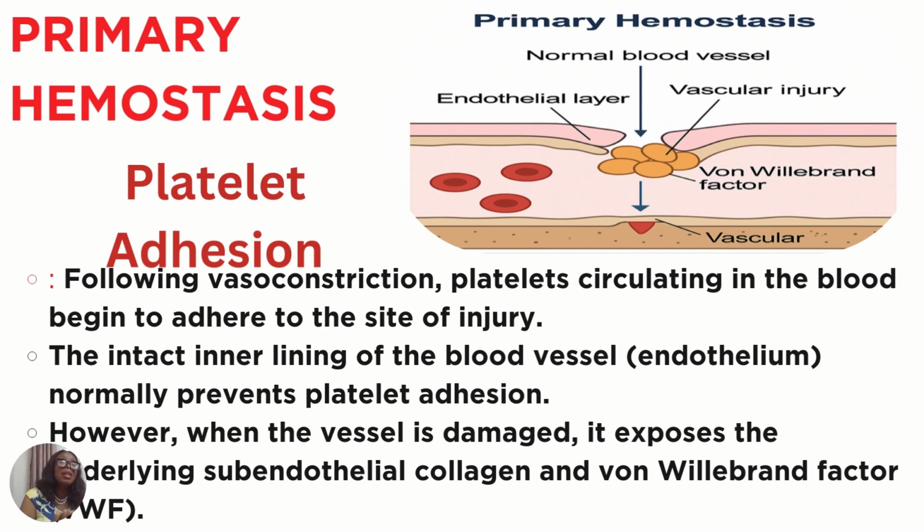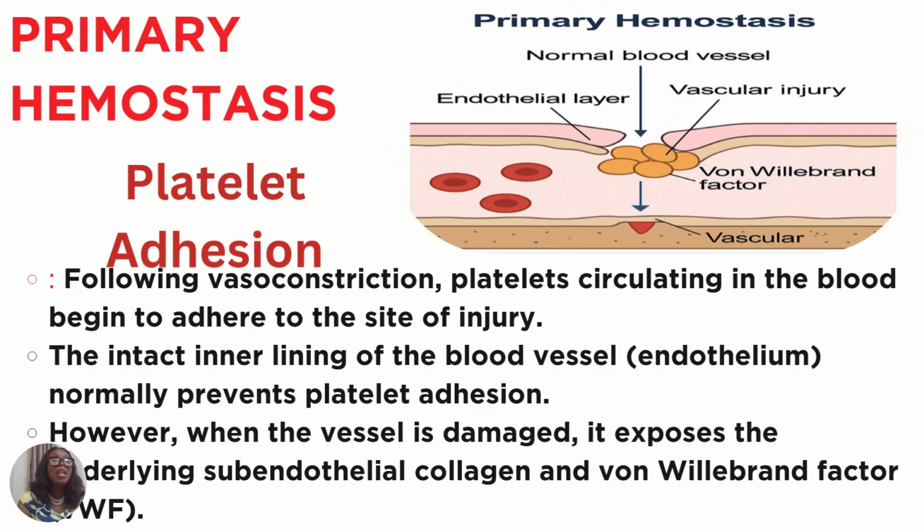These are released by the endothelial cells surrounding the vessel wall. The essence of vasoconstriction is to reduce the flow of blood to the site of injury, thereby minimizing blood loss.